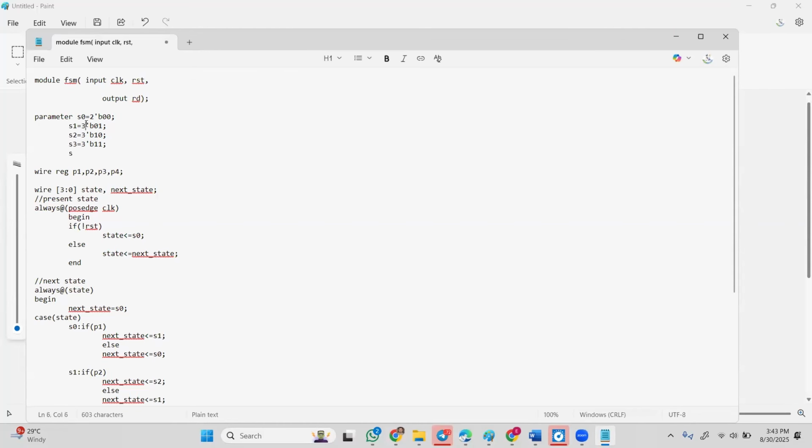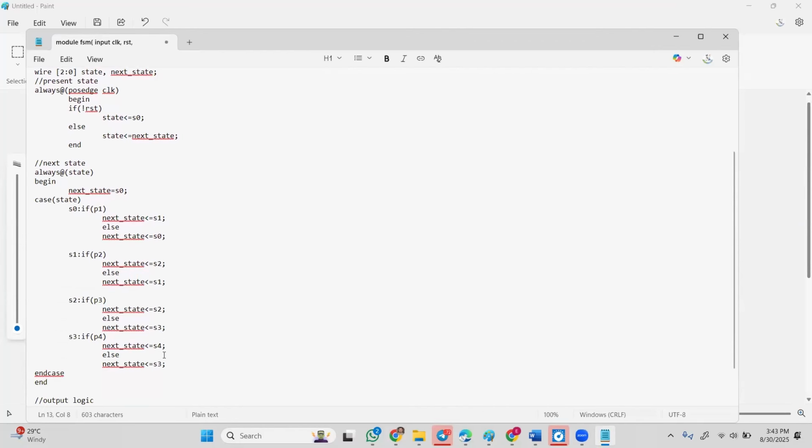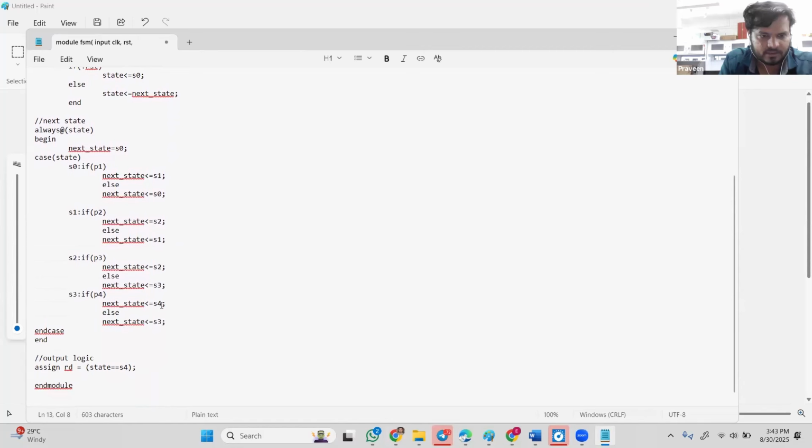Okay, Hari, check the code also. Can you see my code? Yes, I am able to see. Hari, please check the code also. Only the last line I have to change.